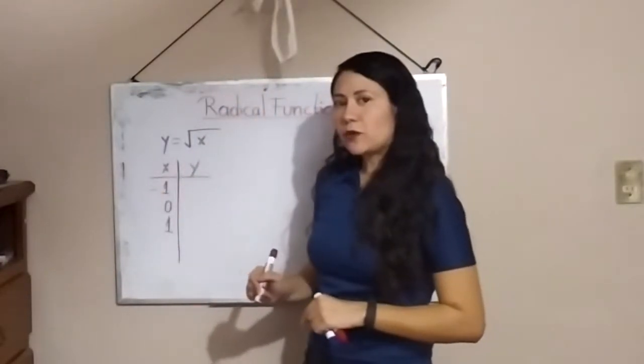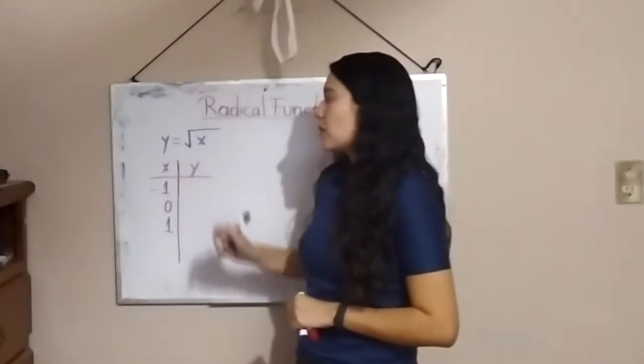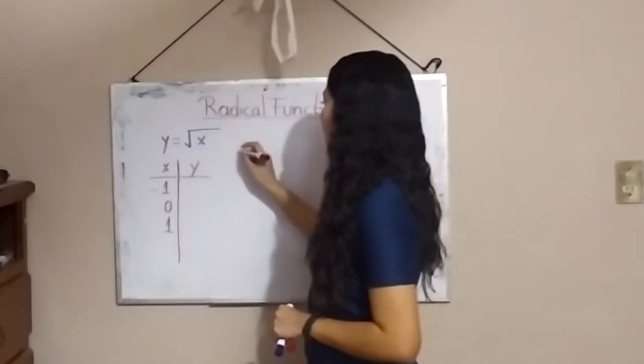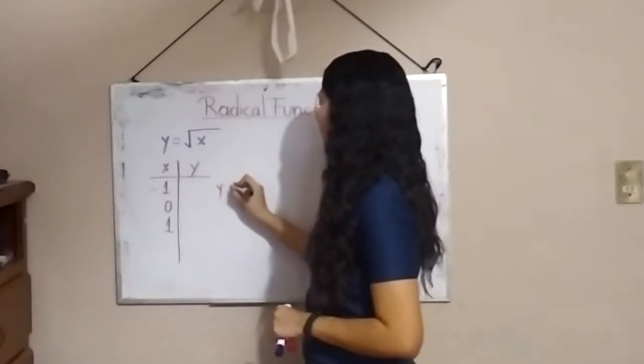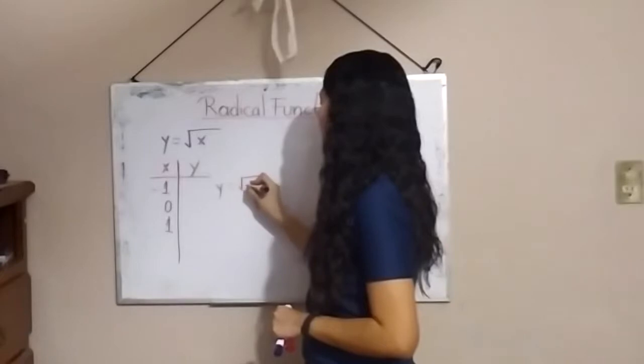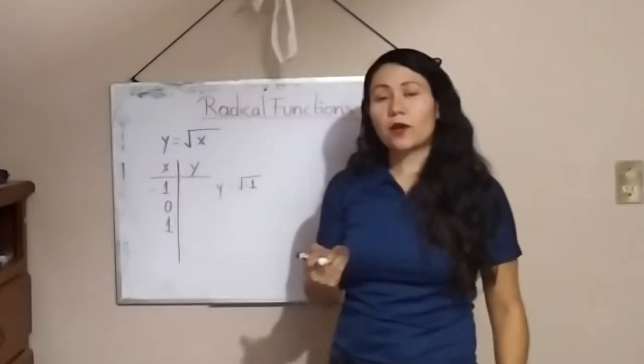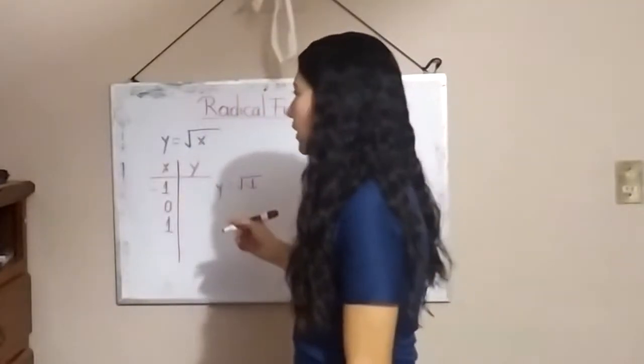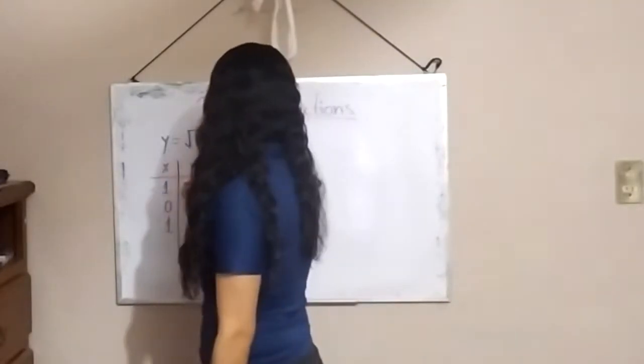If x equals -1, what would be the value of y? It would be y equals the square root of -1. What is the square root of a negative number? It is not real.